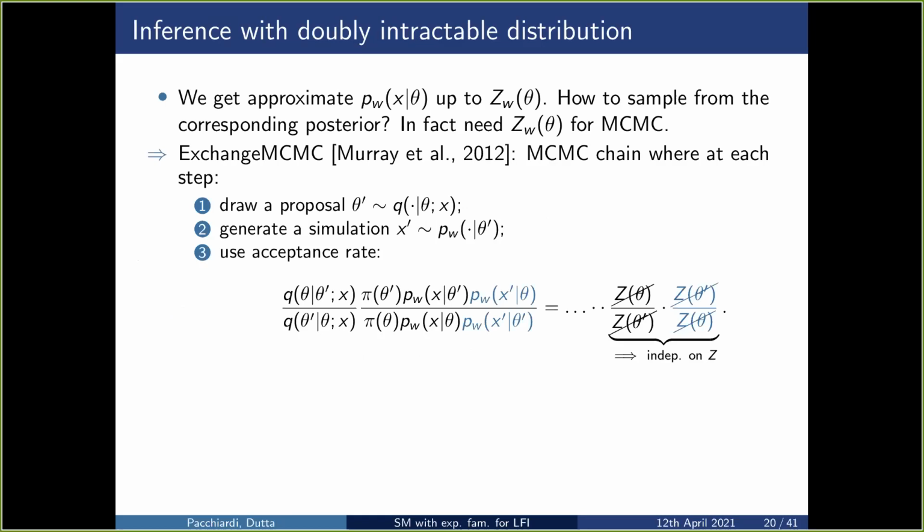But in the next framework that we are proposing here, we do not need to do any further simulations. While we trained the model, when we learned the PW, for that we needed those simulations from the model.